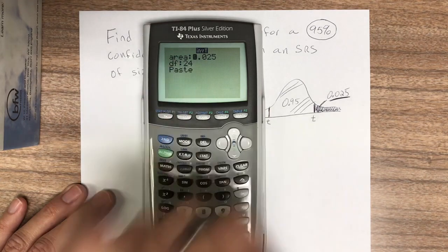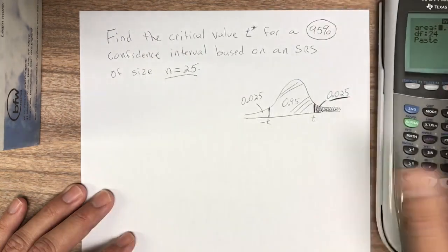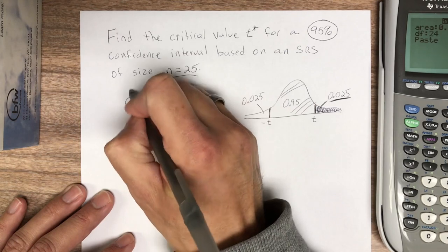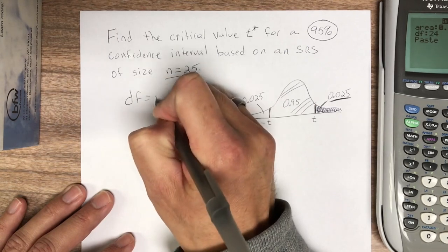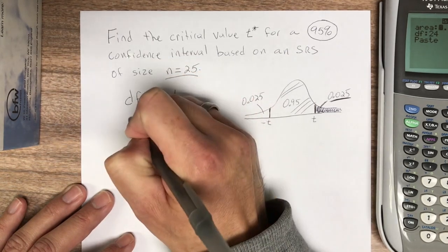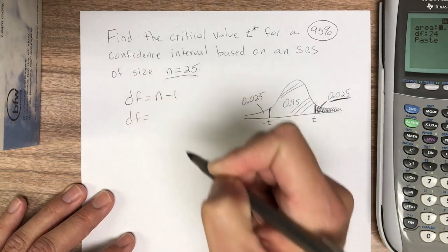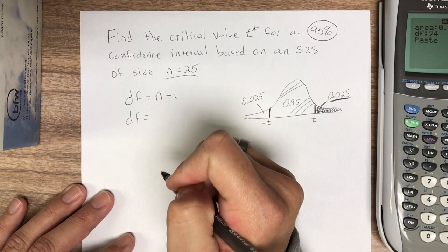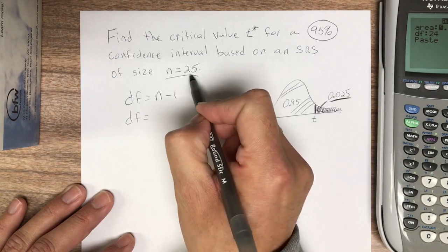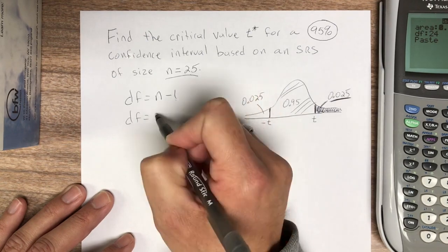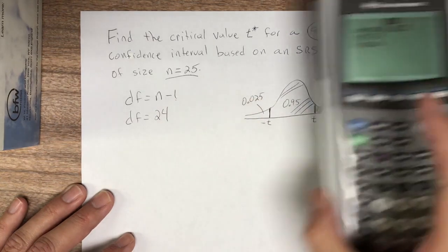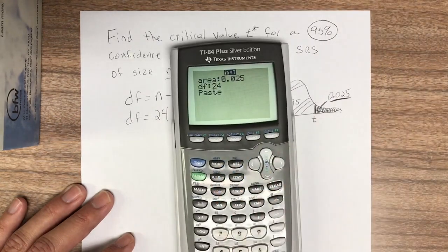I do have 24, but let's go back to the sample size. The sample size is 25, but my degrees of freedom will be your sample size minus 1. So when we use the density curve for the T distribution, we have to subtract 1 from the sample size, and 25 minus 1 is 24 degrees of freedom. So that's what we use in the calculator, 24.